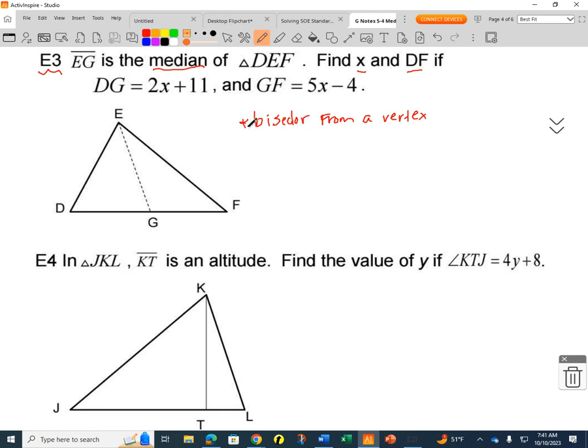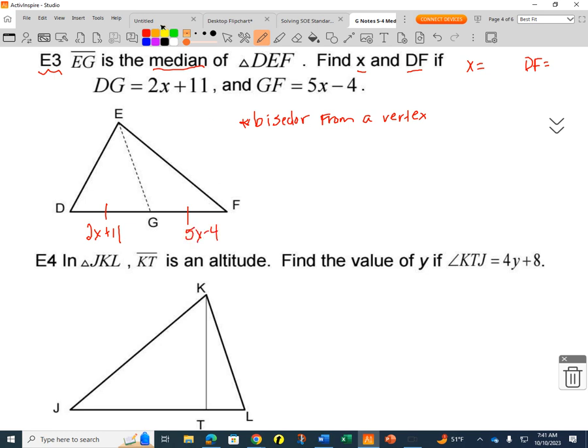That's what a median is. It starts at a vertex, so now I know it's bisecting this side. That means DG is congruent to GF. So we're going to find x and DF, if DG is 2x plus 11 and GF is 5x minus 4.